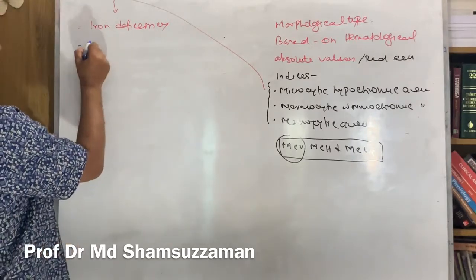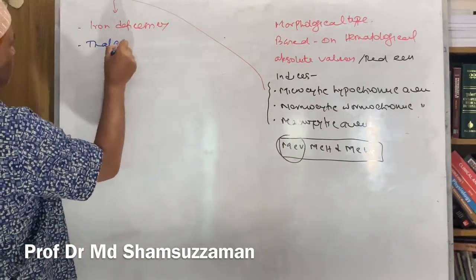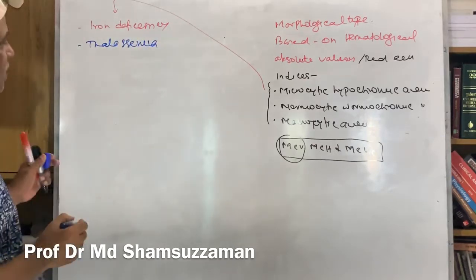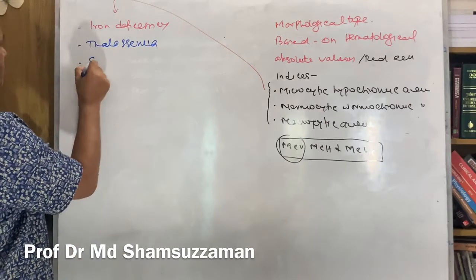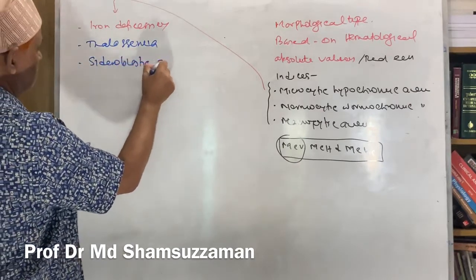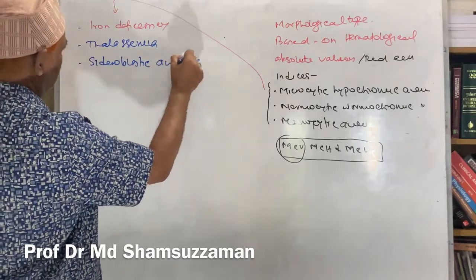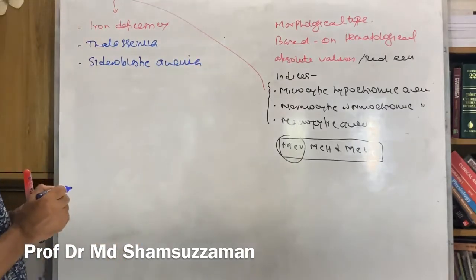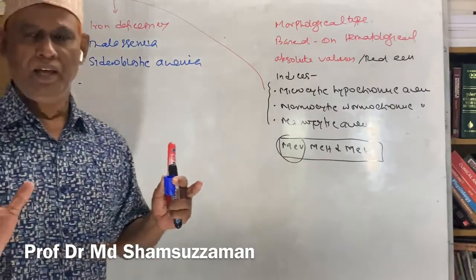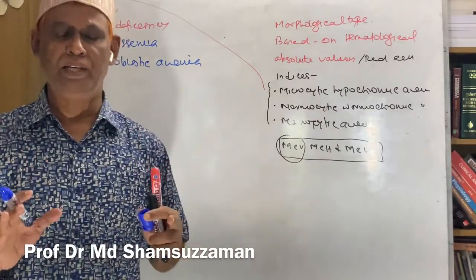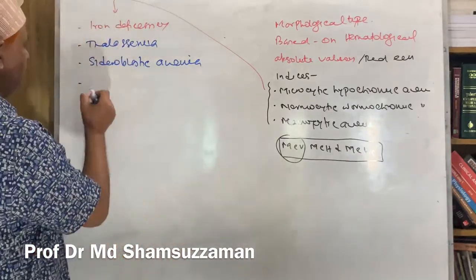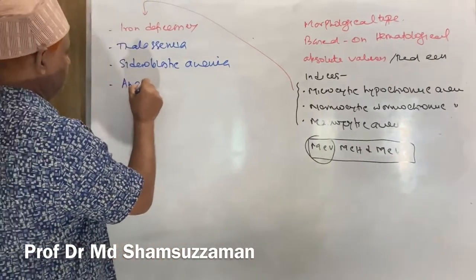Then thalassemia, morphologically, is microcytic hypochromic anemia. Then sideroblastic anemia is an example of microcytic hypochromic anemia, and anemia in any chronic disease is nothing but microcytic hypochromic anemia.